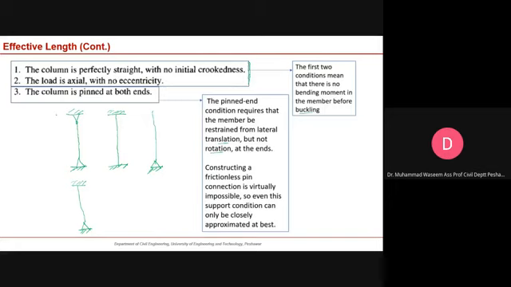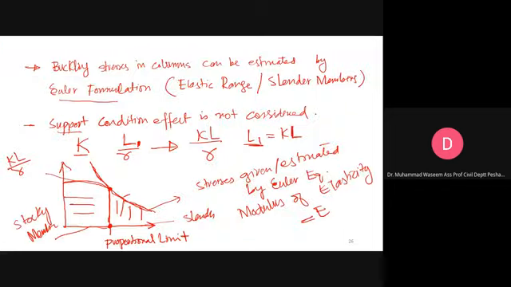If the support conditions are changed, the buckling length will also change. Please remember that we assumed the support conditions are pinned, but constructing a pin connection is impossible. So these are just approximations, but in the field you can assume this condition or this condition, based on your knowledge. So this is all.